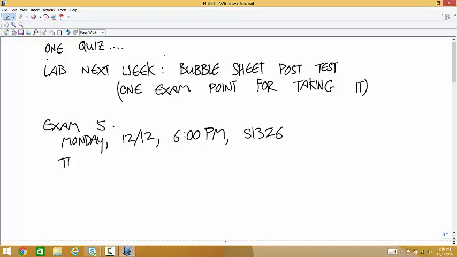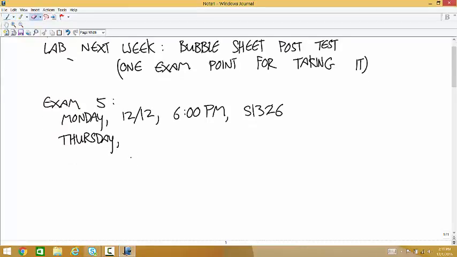Or the day class is scheduled for Thursday, 12/15 at 2 p.m. in this room, S1328. If your schedule's a little flexible, you can choose how much time you need to study for this, and one's at the beginning of the week, one's at the end of the week.